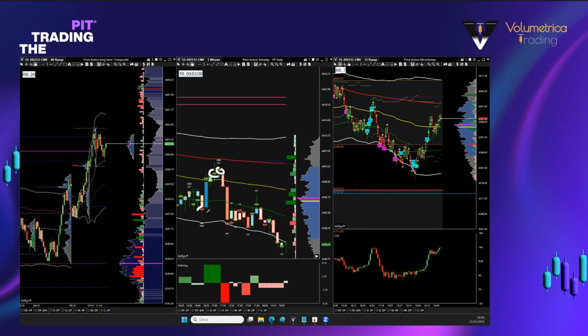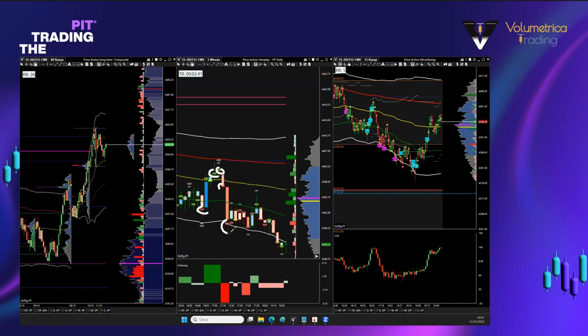Red POCs show POCs with the dominance of aggressive sellers. And this is further interesting information which can be added to the analysis.